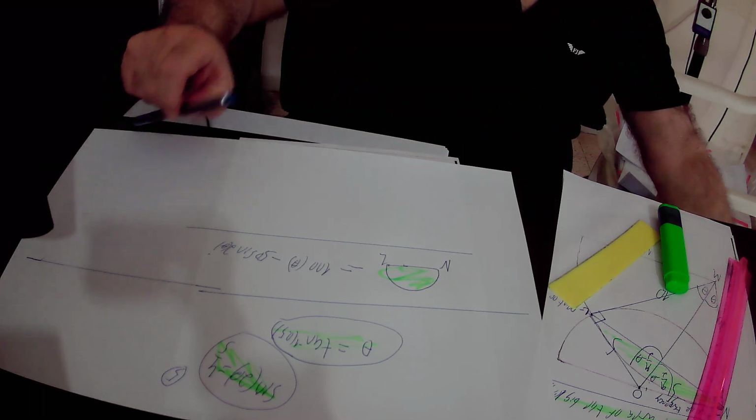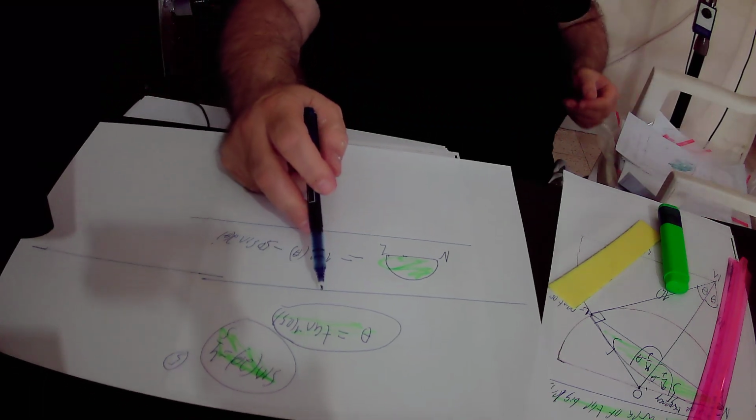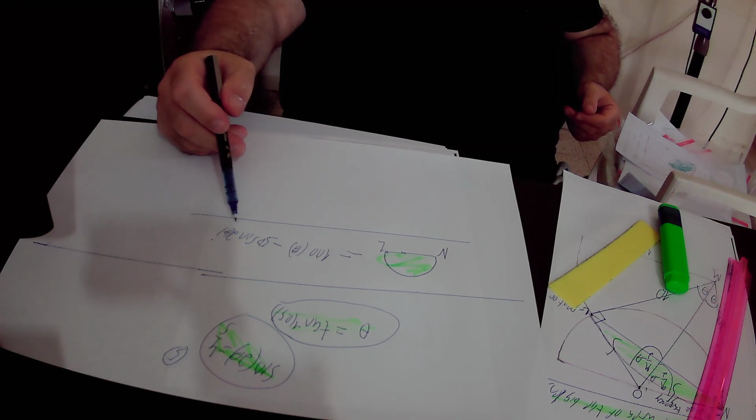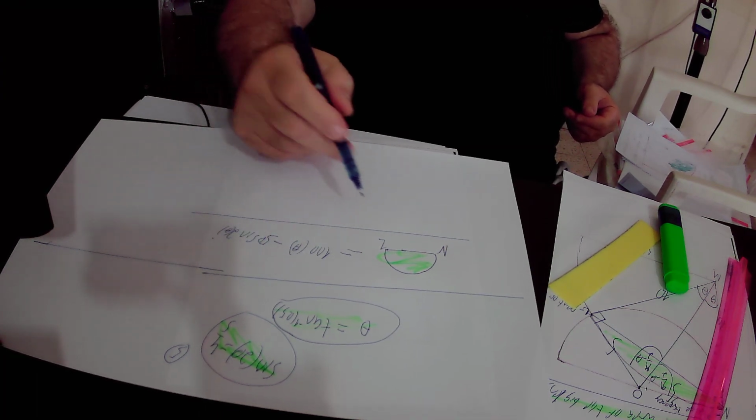Now we'll substitute theta by tangent minus 1 of 0.5, and sine 2 theta by 4/5.